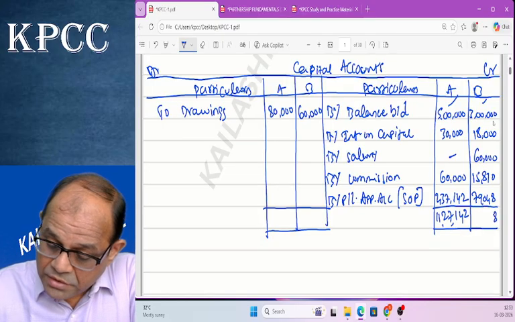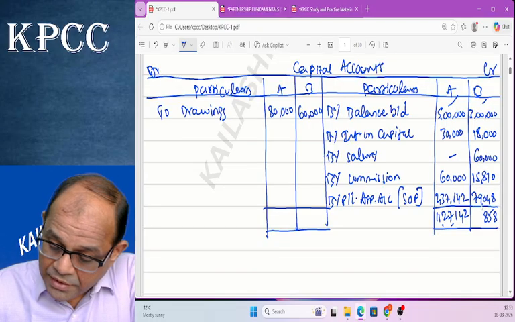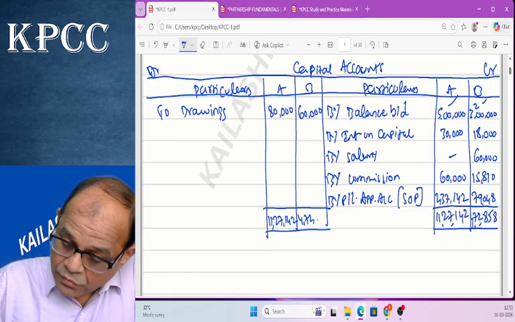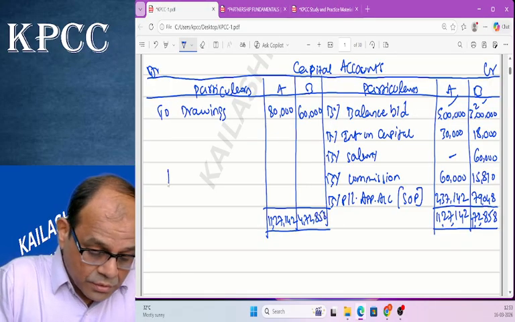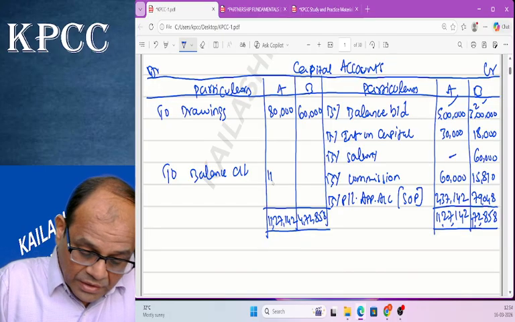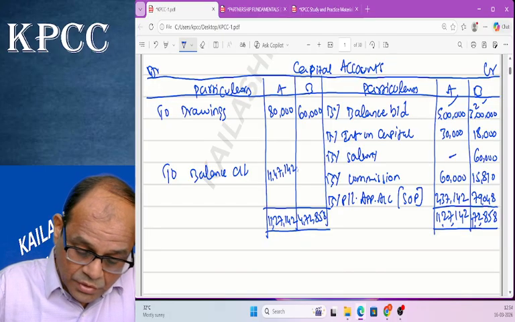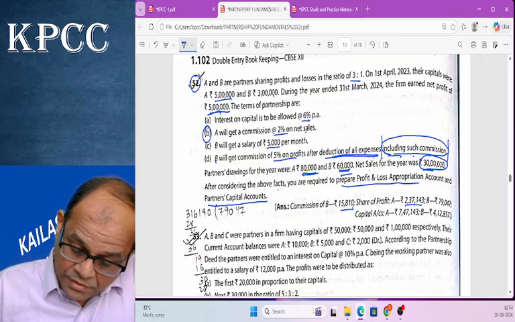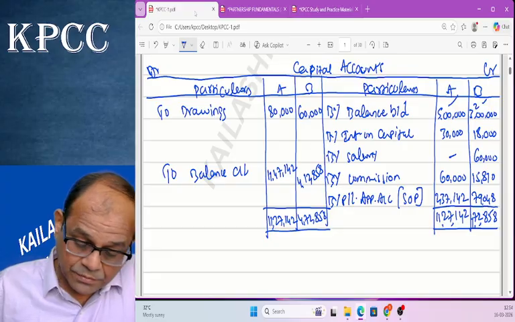This one, 4 lakh 72,858. So 11 lakh 27,142 and 4 lakh 72,858. To balance, carry down balance amount 11 lakh 47,142. This one 4 lakh 12,858. Perfect.